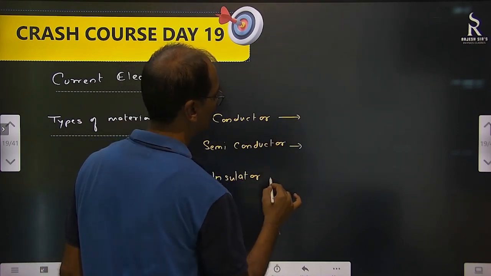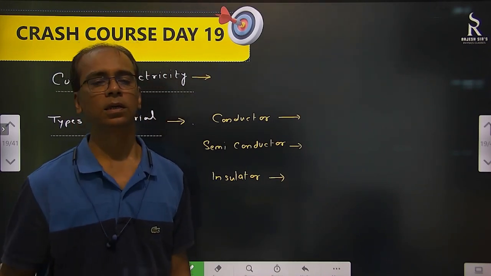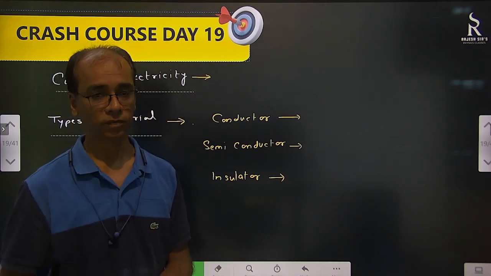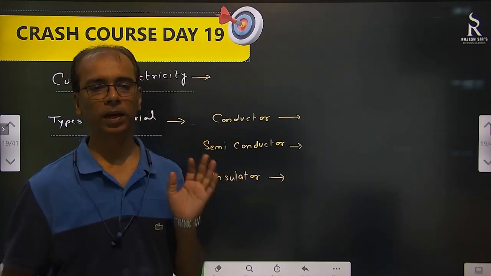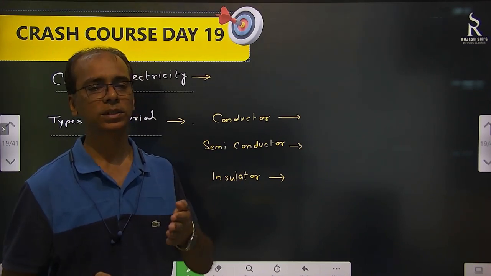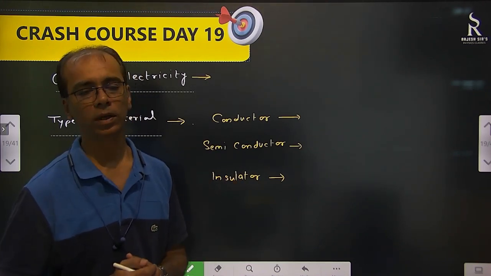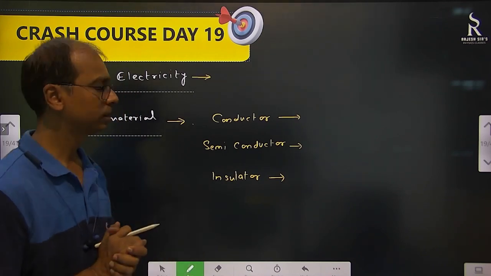Conductor means what? We know that free electrons are there. Those free electrons are on the surface and keep moving on the surface. They are free, so when we apply any potential difference across them, they will start moving in a particular direction and we get current because of the availability of free electrons.